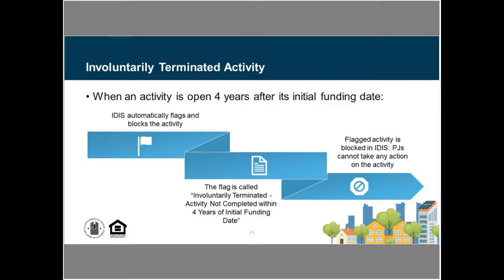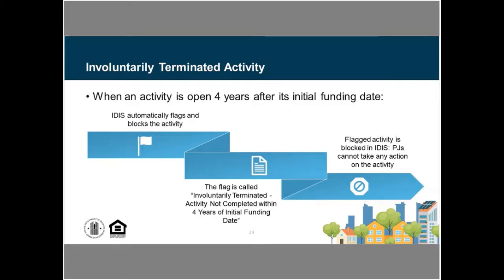So let's talk about involuntarily terminated activity. When that activity has been open for 4 years after its initial funding date, then IDIS is going to automatically flag and block that activity. So it would stop you from being able to draw funds. It would stop you from being able to enter additional beneficiary information for that project.